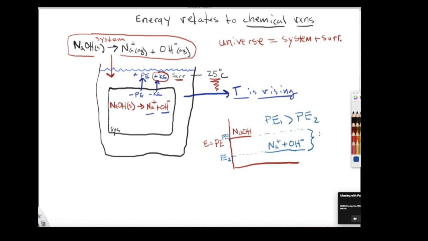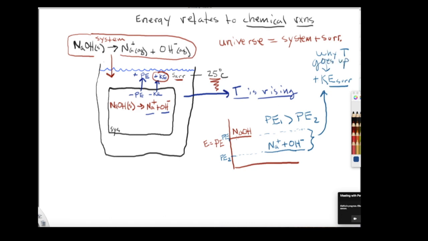And if you're wondering what happened with this gap of energy, this is the KE in the surroundings. That's what happened to it. This is KE of surroundings. This is why the temperature goes up.